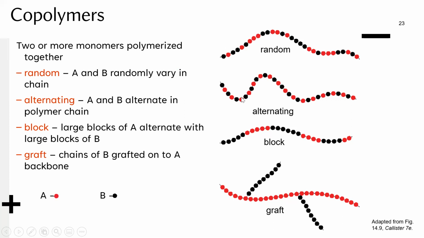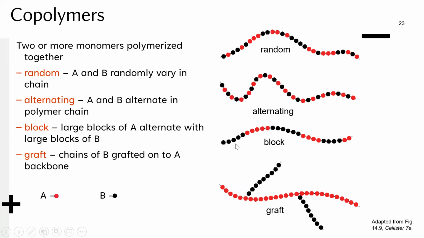In this case, you have an alternating situation where you have one of A and one of B, followed again by another one of A and another one of B. And so the monomer units are basically connected after each other. In this case, you've got blocks of each monomer, followed by blocks of the other monomer.